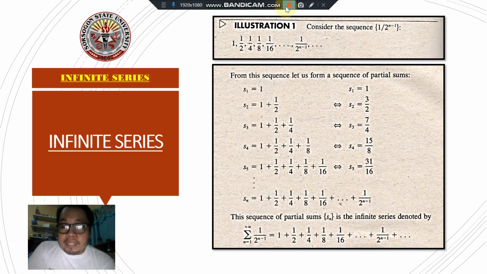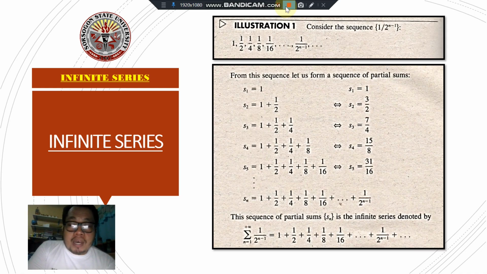We just rewrite the sum of the first 5 terms, then added with up to 1 over 2 raised to n minus 1. Since we are dealing with an infinite series, the list doesn't end with 1 over 2 raised to n minus 1.